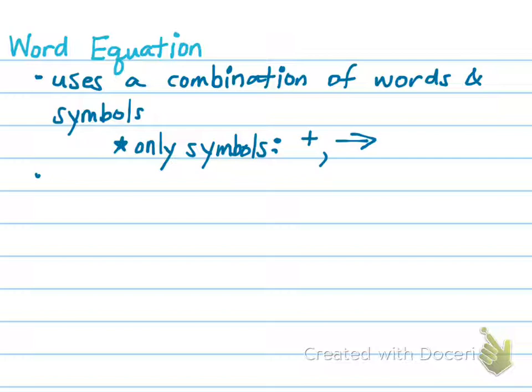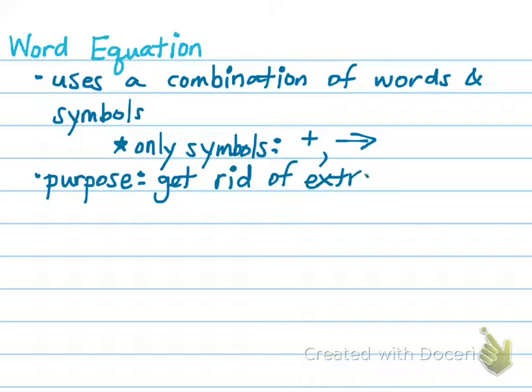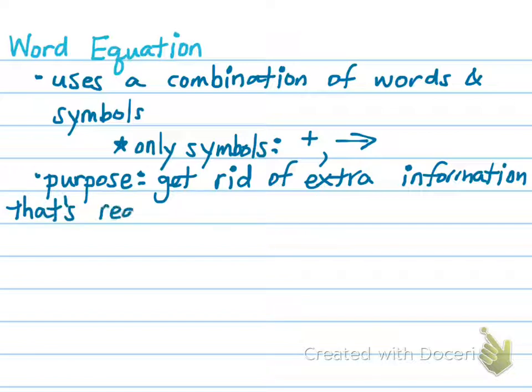So the purpose of the word equation is that you can get rid of extra information that's not really that important to balancing the chemical equation.